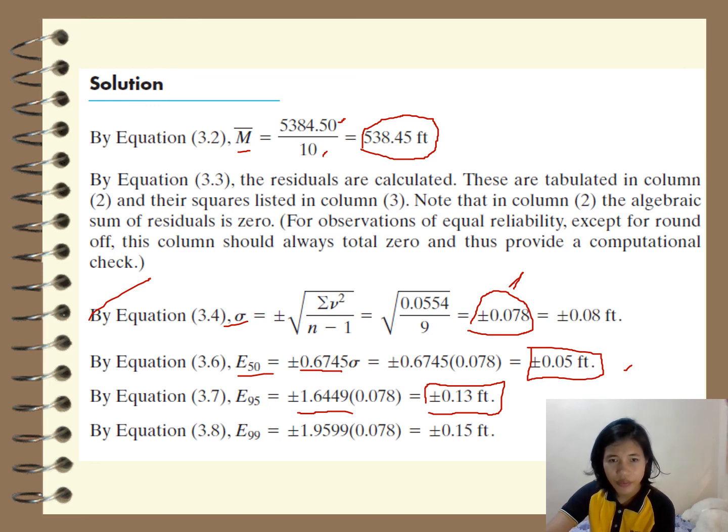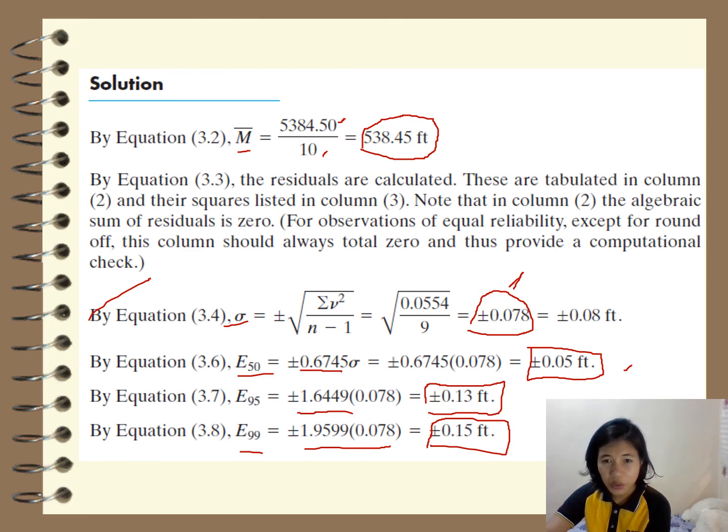And we have here, for the equation, E99. So, he took the, mistake, can be removed, rejected. You have 1.9599. So, this is the answer. And if you are going to analyze this data, the residual that falls within plus minus 0.05 is accepted because it is within the probable error.